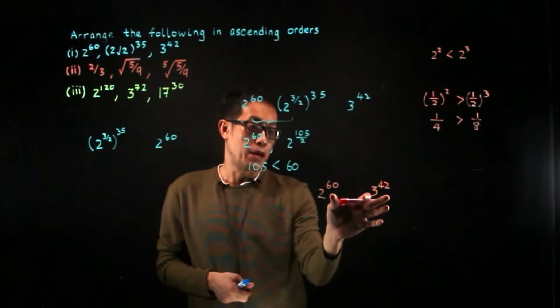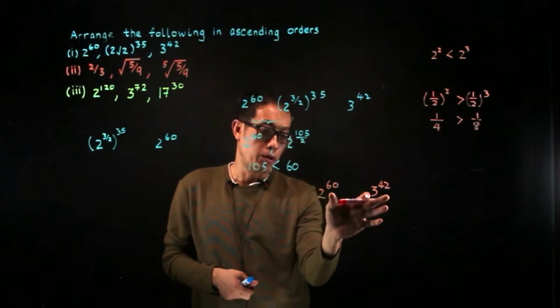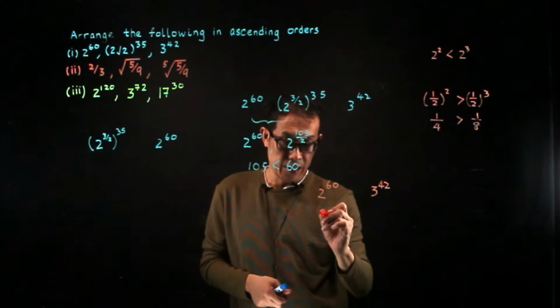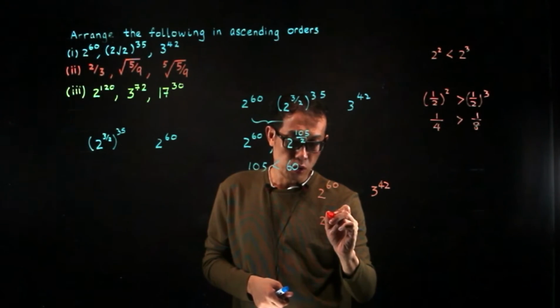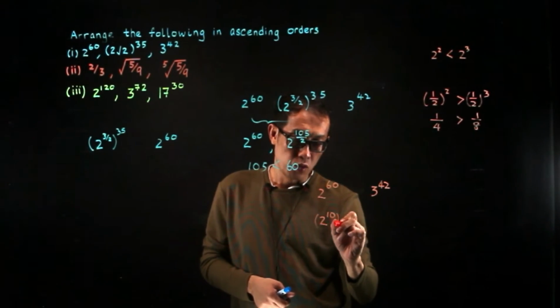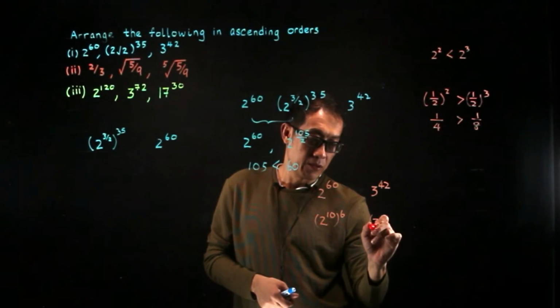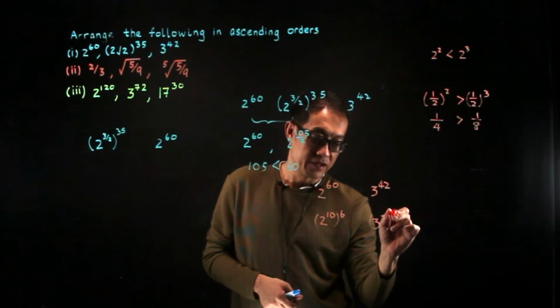Now look at the powers. They have a common factor of 6. Okay, so it's 2 to the power of 10 to the power of 6, 3 to the power of 7 to the power of 6.